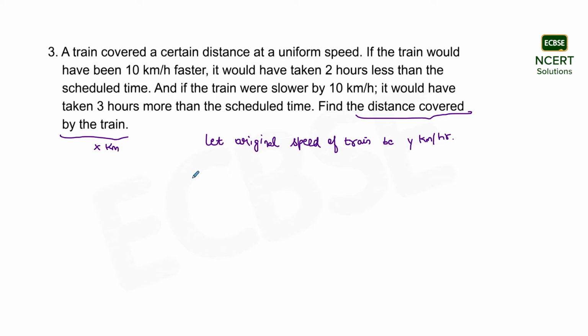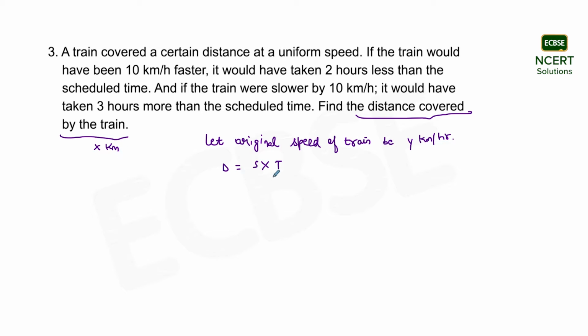As we know the relation between distance, time and speed, distance is equal to speed into time, which we have read in the earlier classes. And we have supposed the original speed of the train to be y kilometers per hour and the distance covered by the train to be x kilometers.